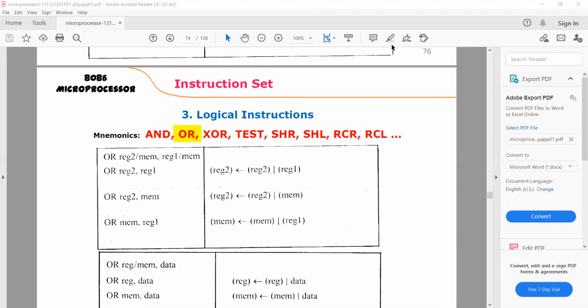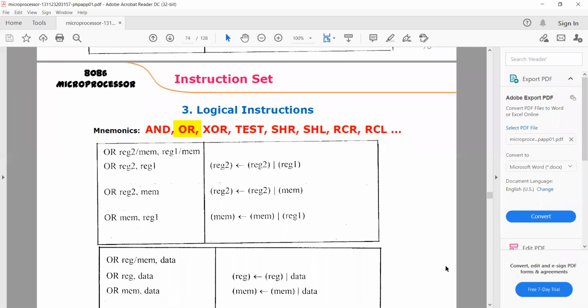Hope the two instructions are clear to you. Now let us proceed to the next one: the XOR operation.